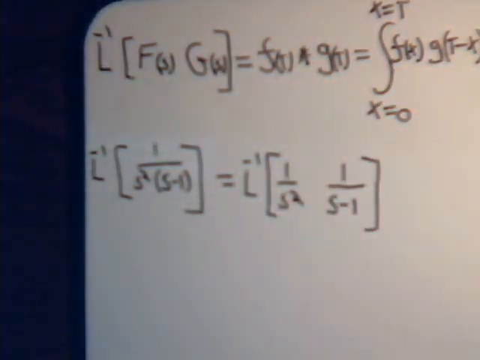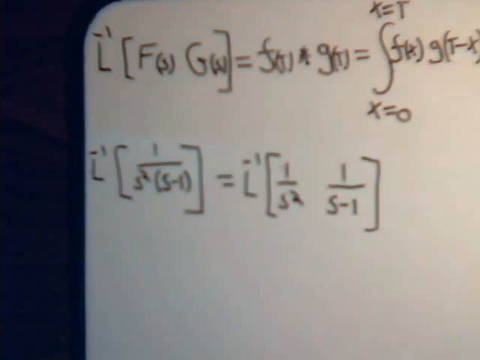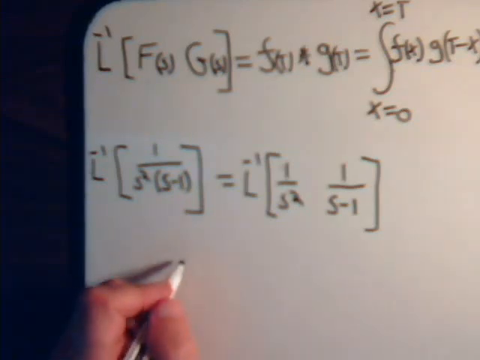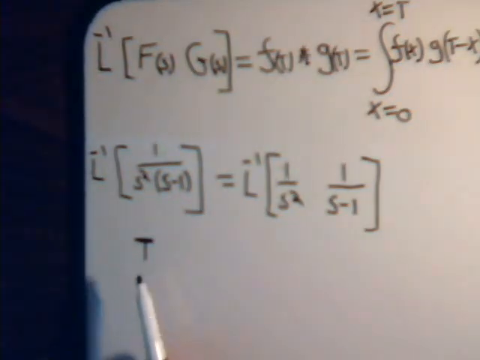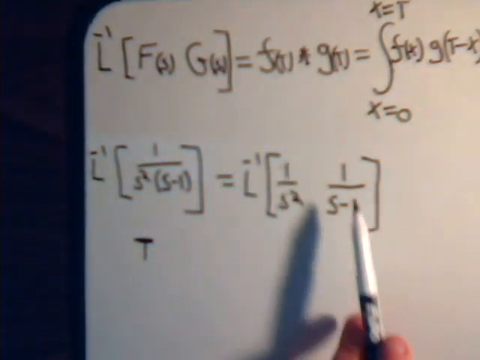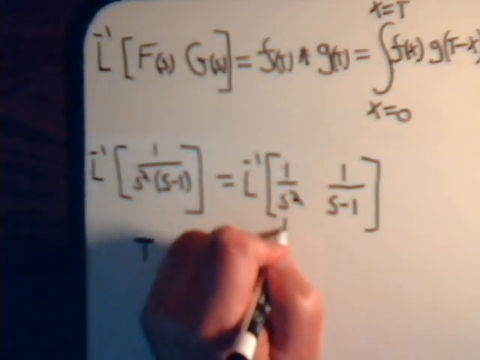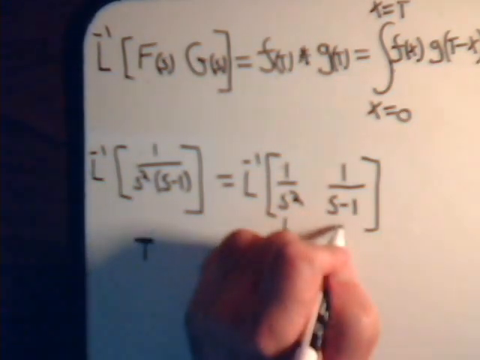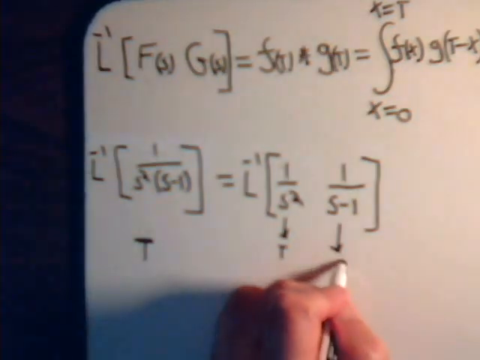And now here's where we had to be familiar with our basic Laplace transforms. 1 over s squared corresponds to the function t. The Laplace transform of t is 1 over s squared. 1 over s minus 1 corresponds to e to the t.